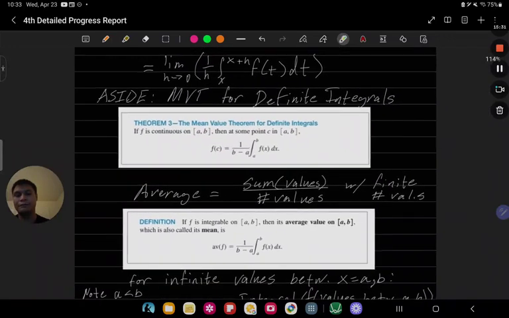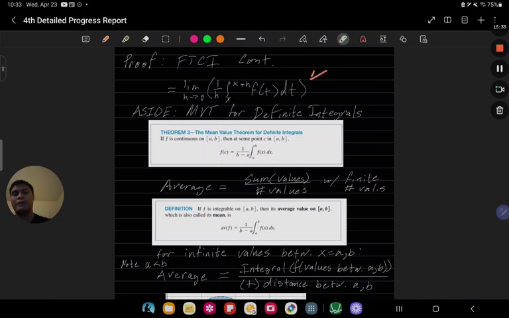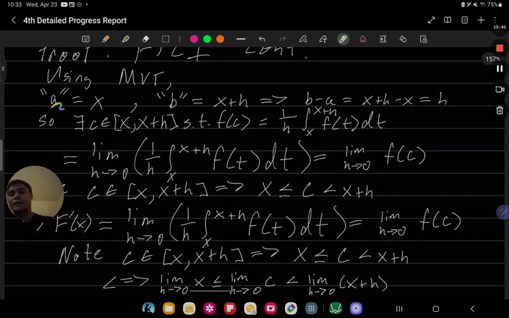Well, the way we use that for this particular expression, we use it like this. So we note that our start point, that's x. Our end point, that's x plus h. So the distance between our start and end point, b minus a, is x plus h minus x, which is just h. And so that's 1 over h.